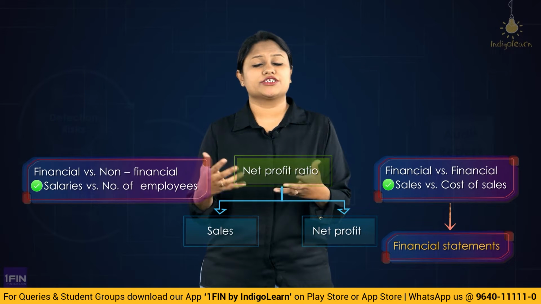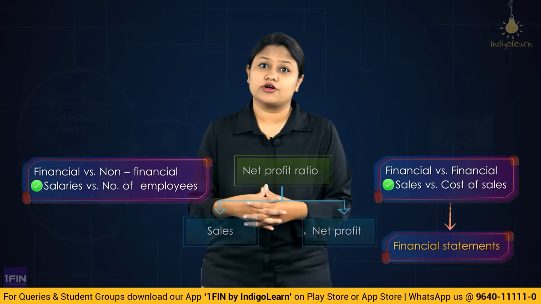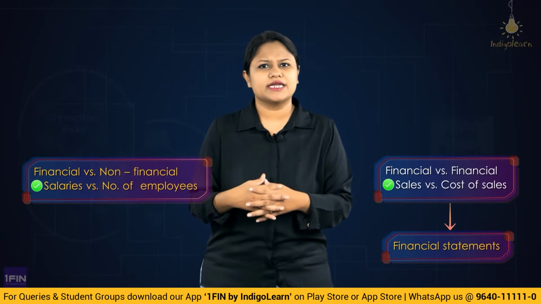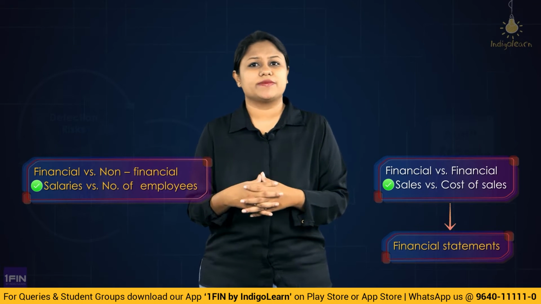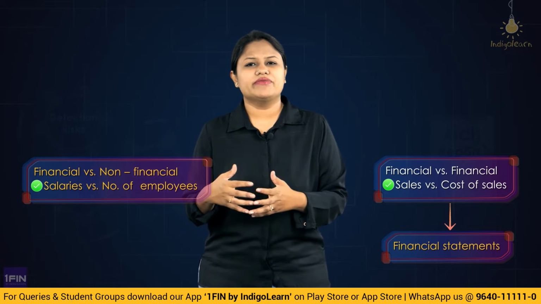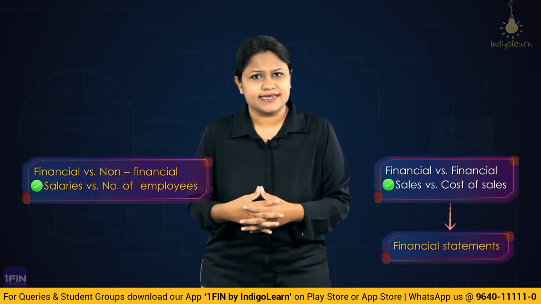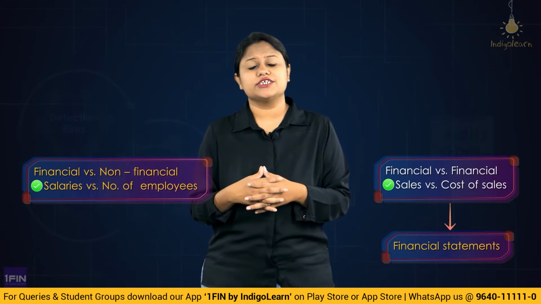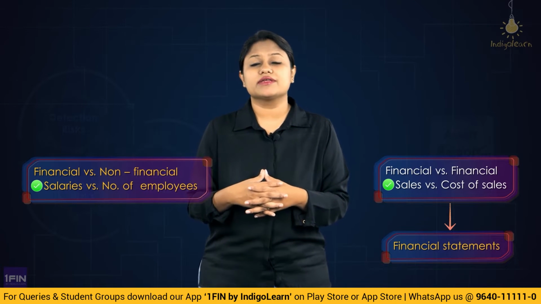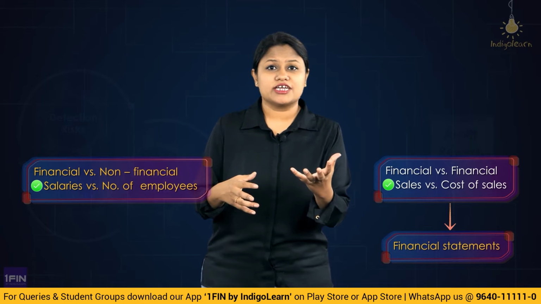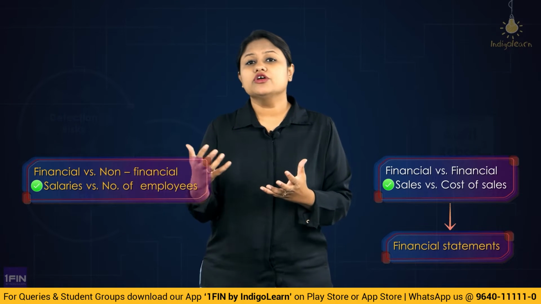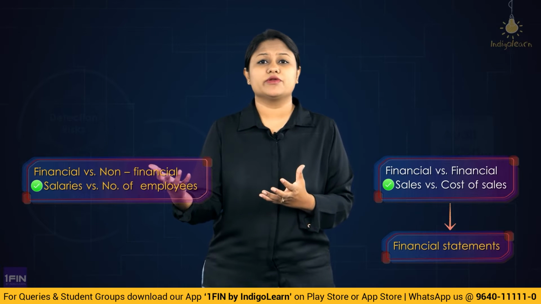Sometimes you could develop a relationship between financial and non-financial information. What would that be? Like the classic example was about the salary verification. So when we did the vouching of the salary account or when we were checking the salaries in detail, the analytical procedures that we adopted were with regard to comparison of financial and non-financial data. What was non-financial? The number of employees.